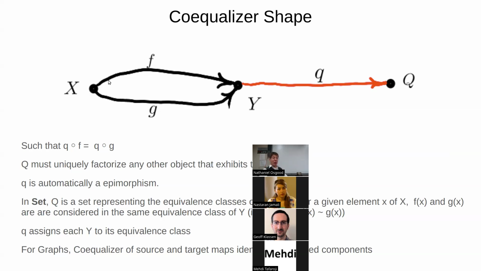It's collapsed in a way such that, F is a graph homomorphism. It's mapping things in graph X to things in graph Y, right?